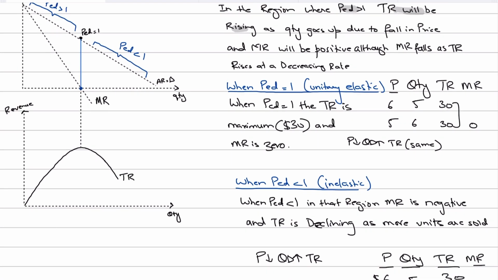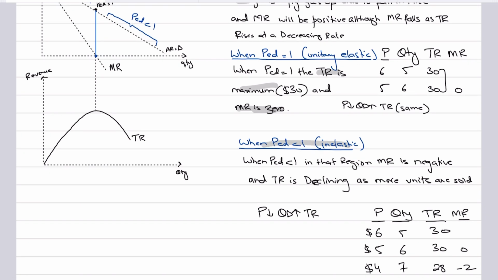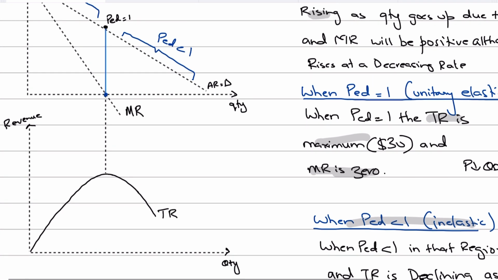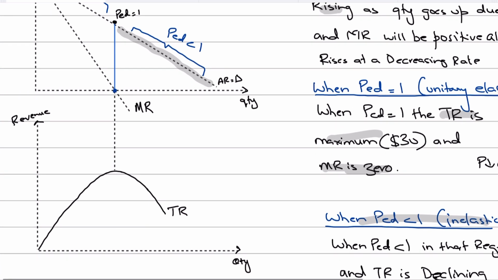So when your PD is equal to 1, basically your total revenue is maximum and your marginal revenue is 0. That's it. And whenever the PD is inelastic in a range of quantity, we can establish the relationship that in this range, if you're selling more output, if the quantity demanded is going up by reducing the price, your total revenue is going down, right?